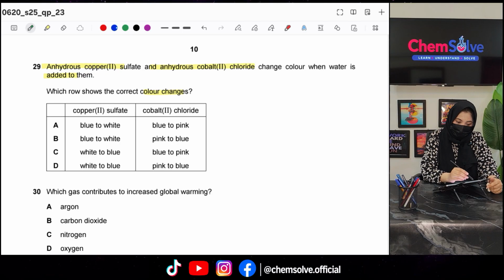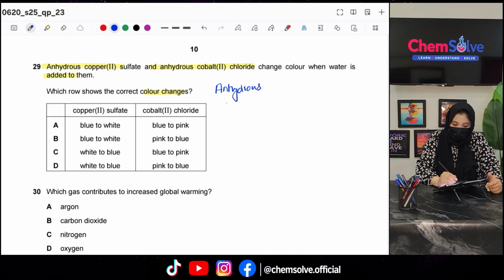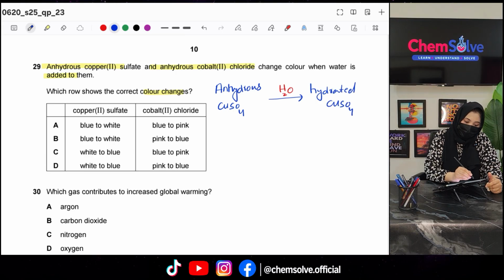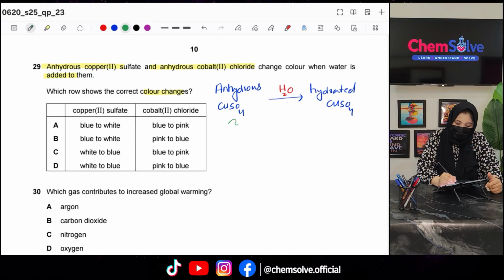Okay, so you must remember that when we add water to anhydrous copper sulfate, it changes into hydrated copper sulfate. The color of anhydrous is white, while the color of hydrated is blue.